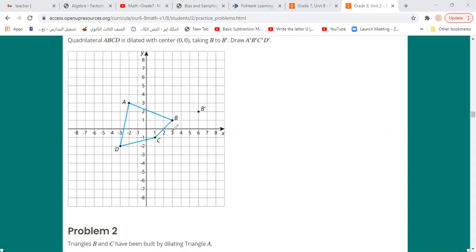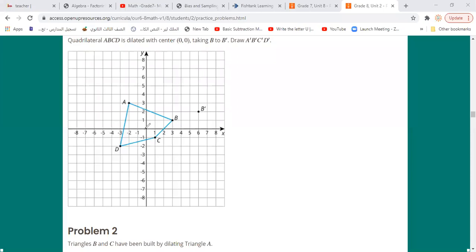And for B prime, 0, 1, 2, 3, 4, 5, 6, right? So the scale will be 2. It will be 6 divided by 3, right?